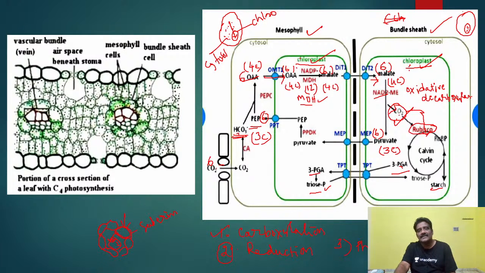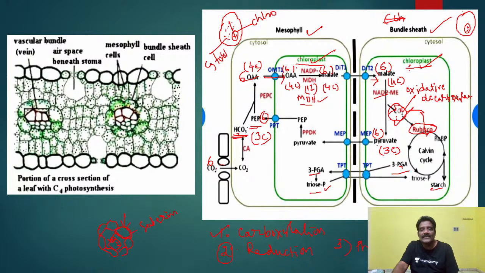Carbon dioxide is formed within the cell itself, so carbon dioxide concentration will always be more inside the cell. So this will prevent what? Photorespiration, a harmful process by which photosynthetic productivity is decreased. But because of the production of this amount of carbon dioxide always inside the cell, there is no question of photorespiration here. Okay, so this is about this.